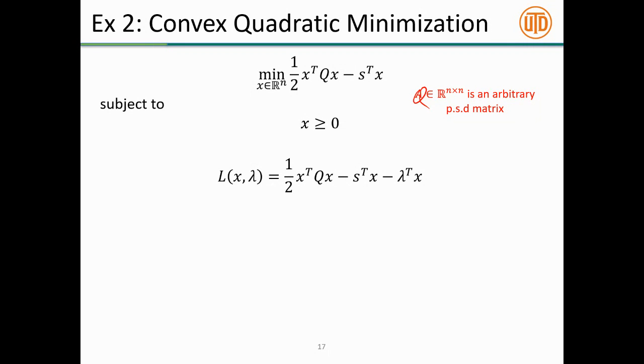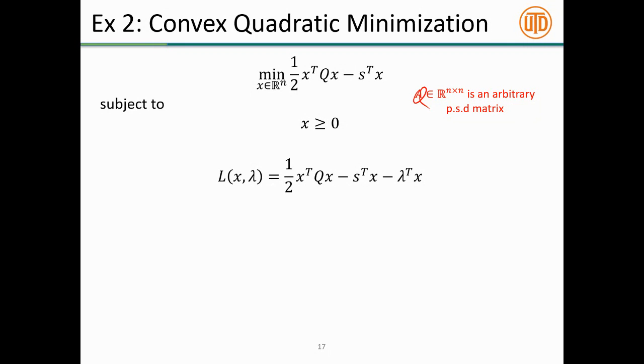Now I want to slightly modify the problem and add a constraint. So here I'm just adding a simple lower bound constraint that we'd like to minimize this quadratic function subject to the constraint that x is greater than or equal to 0.